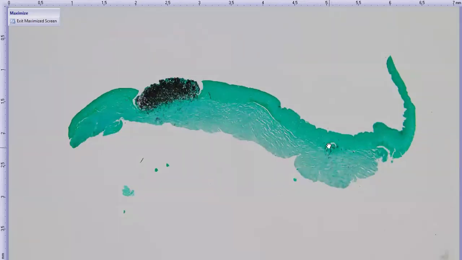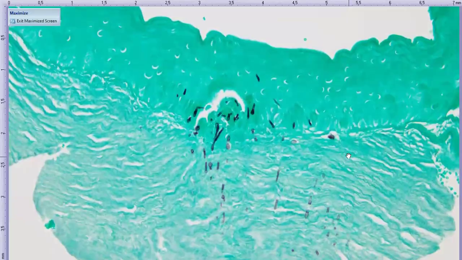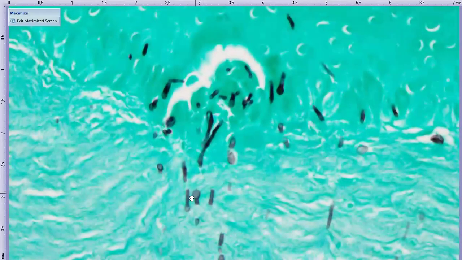We can see areas where the corneal epithelium is intact, that there are fungal hyphae also present here. Again, you can see the cute little bulbous stuff going on here.